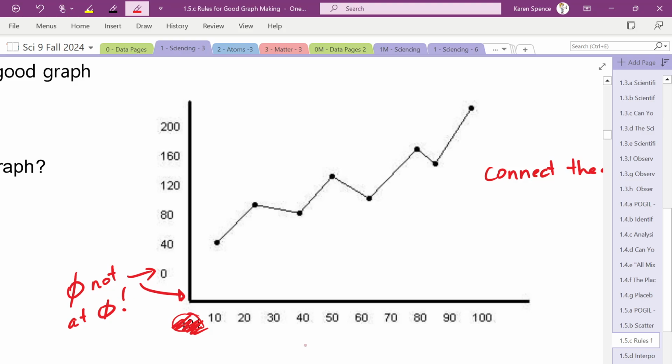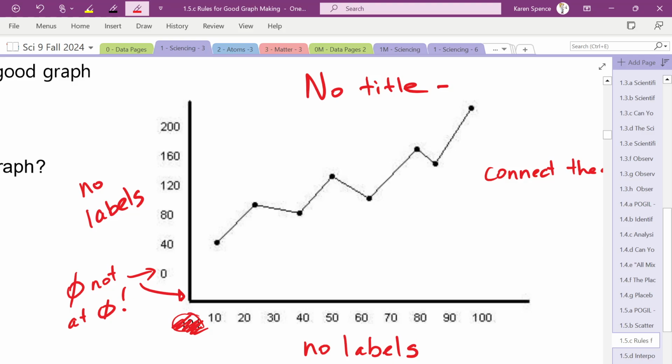It's not labeled. Anything else? There's one more thing missing, at least. Yes? We need a title. There's no title.